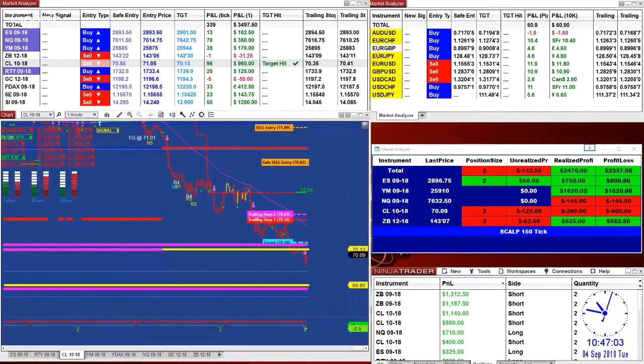I'm going to load the CL to see if I can find any reversal trade here, and we will look at the ES also to see if there's any reversal trade on the ES.